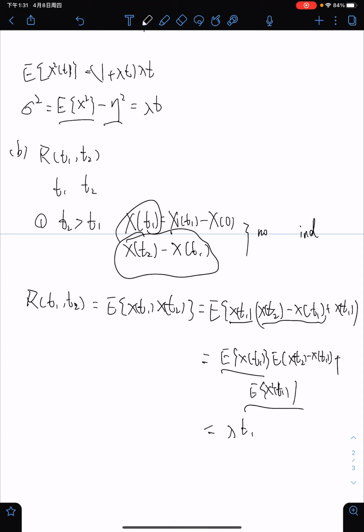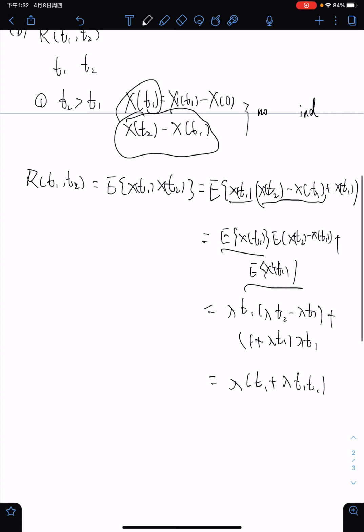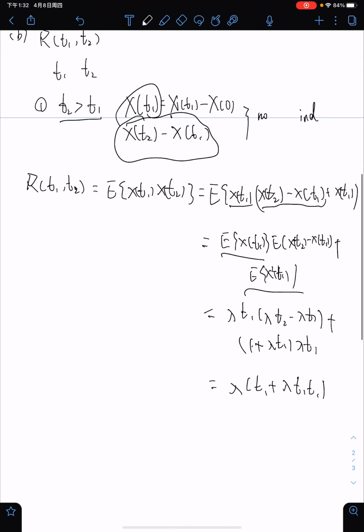Lambda t1, lambda t2 minus lambda t1, plus 1 plus lambda t1, lambda t1. And the result is lambda t1 plus lambda squared t1 t2. And here we assume t2 is greater than t1.